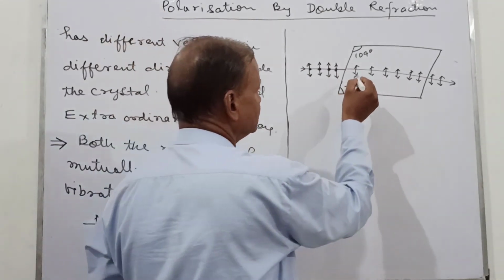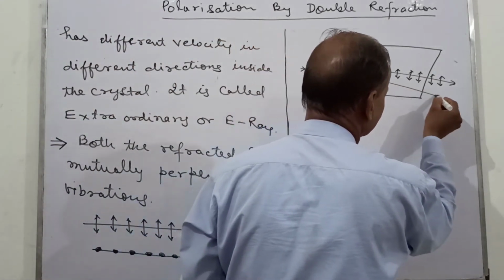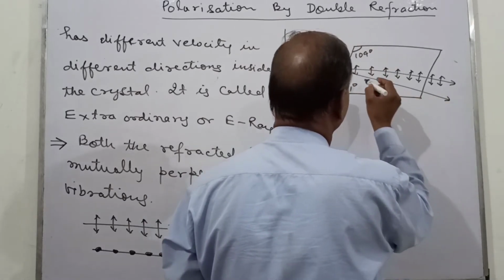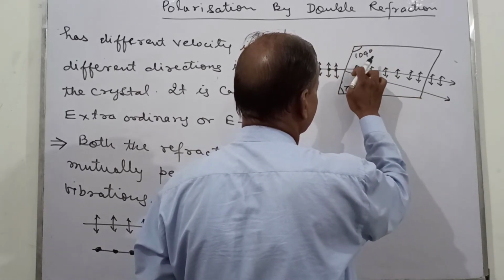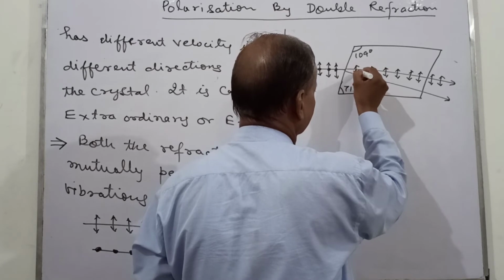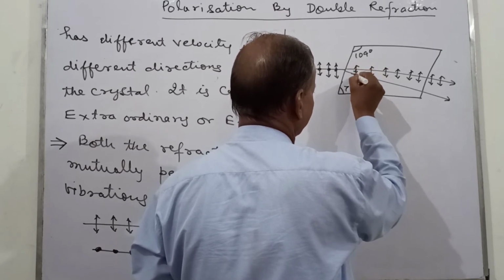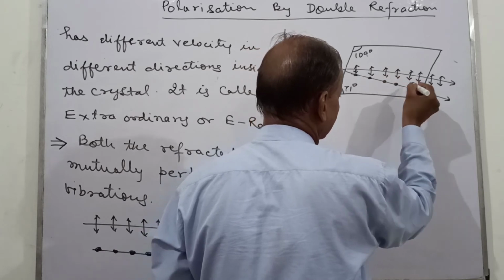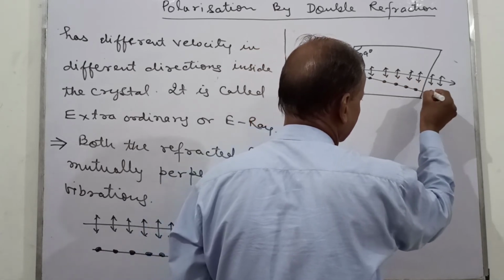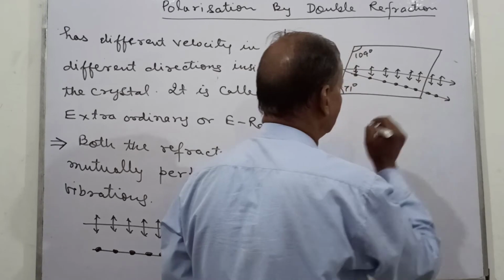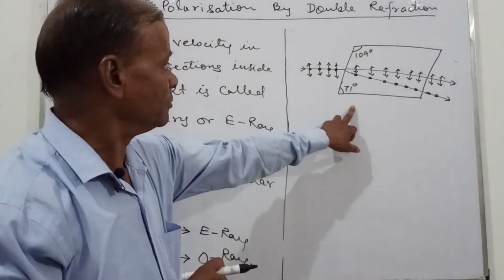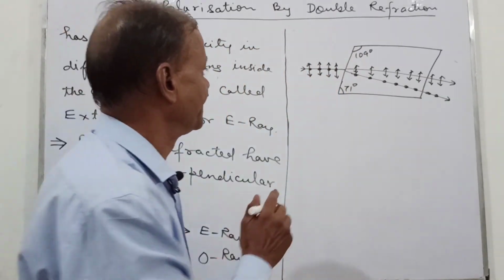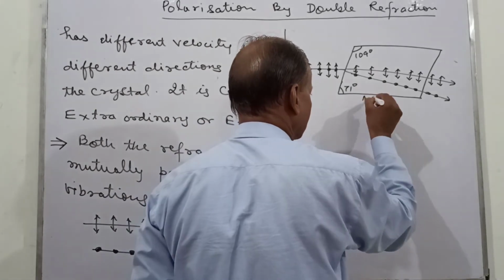And another is like this, it has only the dot vibrations. These are the dot vibrations. This is a calcite crystal.